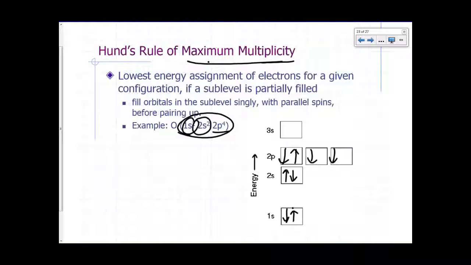As long as you have the maximum number of unpaired electrons, you have maximum multiplicity. And like I said, the customary way of doing this is to start with electrons spin up first, spread them out, and then put the next electron spin down, start pairing them up after you spread them out.